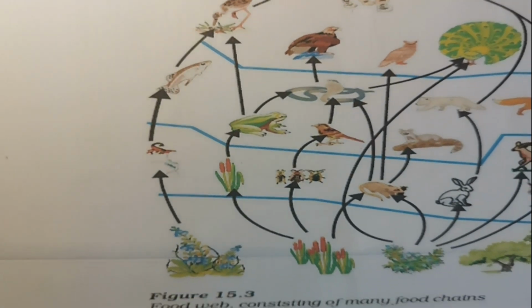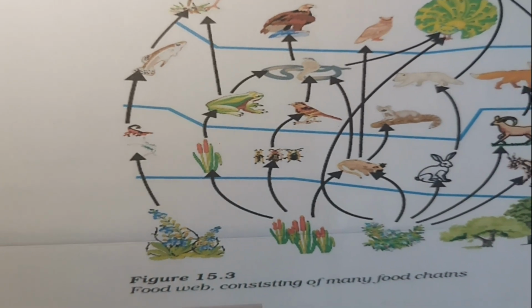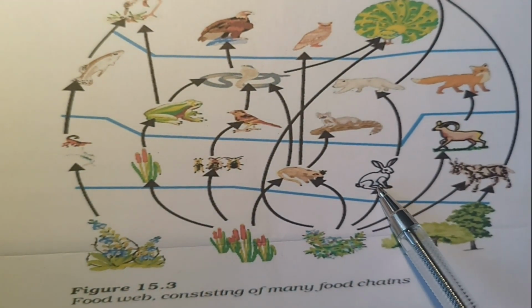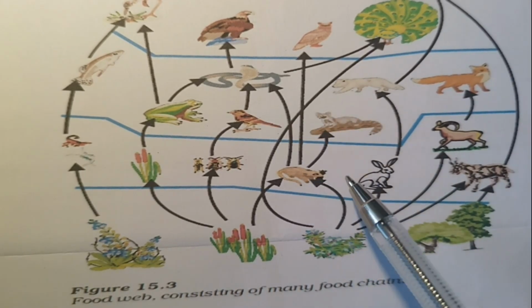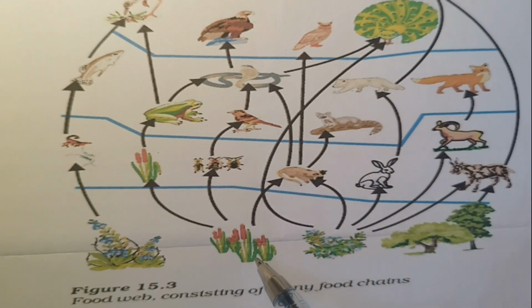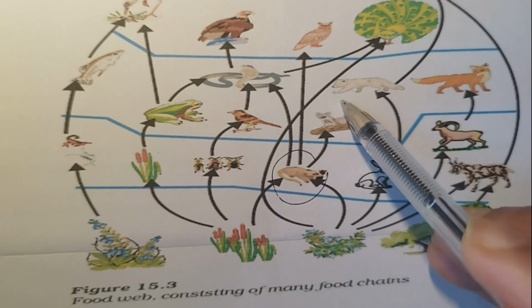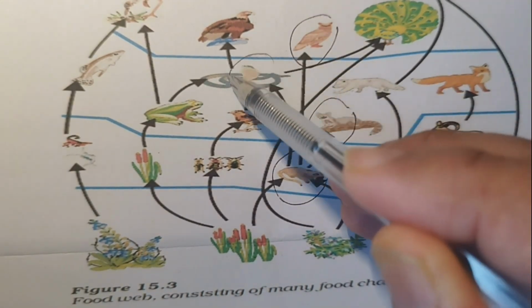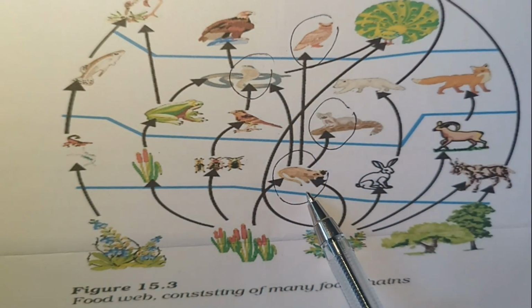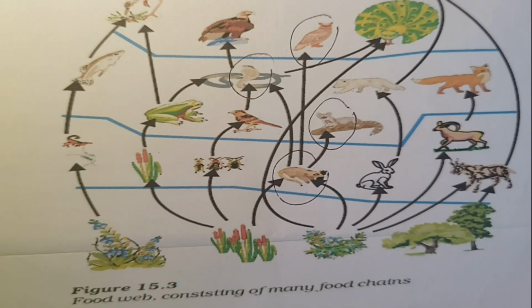We have the maximum number of producers, but the producer is eaten by the primary consumer. The primary consumer can be eaten by more than one organism. If you look at these chains, here is a producer, that's a primary consumer, but it's eaten by 1, 2 and 3 organisms, and they are further eaten by more than one organism.